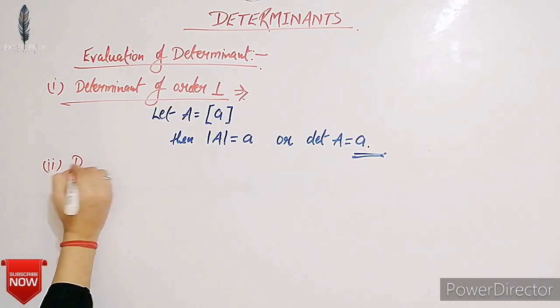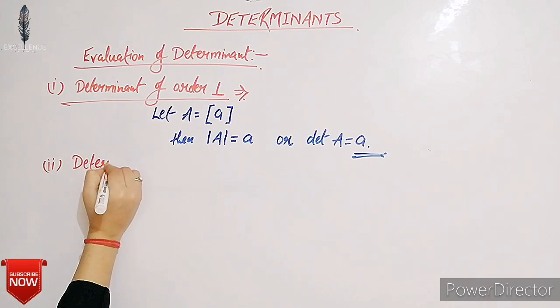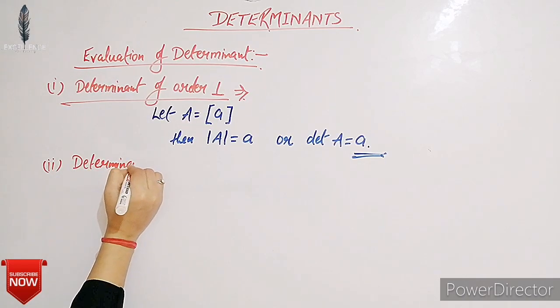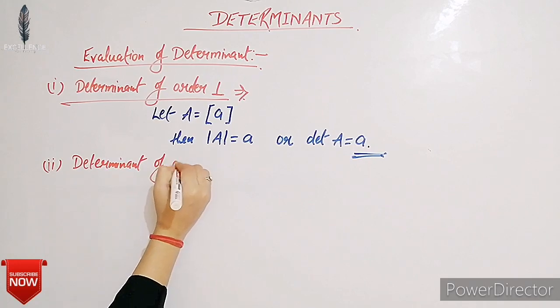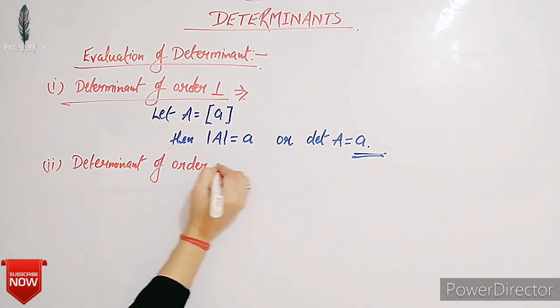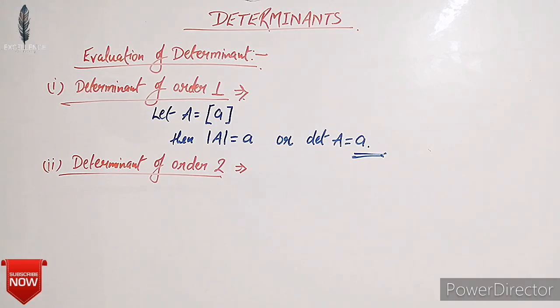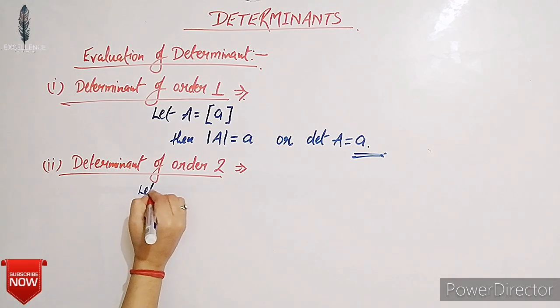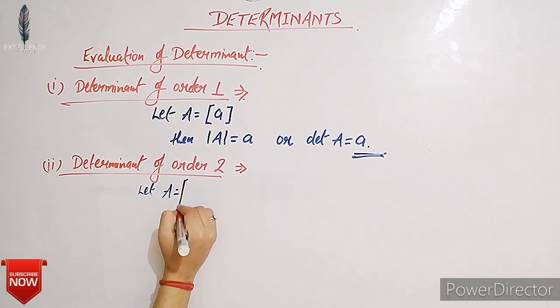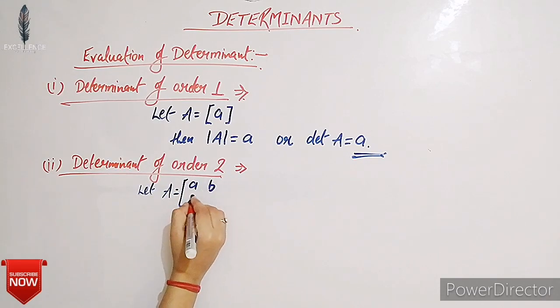Now second is determinant of order 2. Here let us have a matrix A of order 2, that is a, b, c, d.